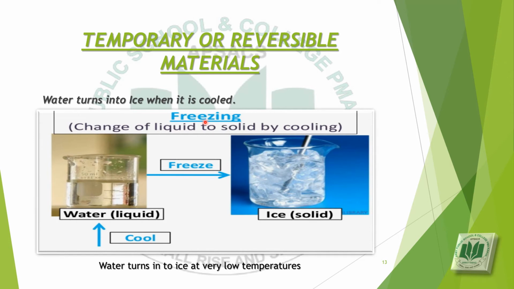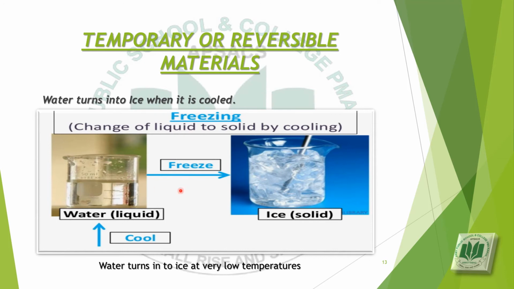Students, in our previous slide, we have discussed permanent or irreversible change. Now we are going to define temporary or reversible changes on different materials. Students, we will define it through an example. Here we have the example of water. Water turns into ice when it is cooled.